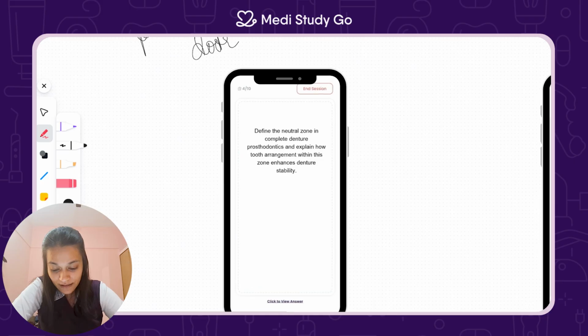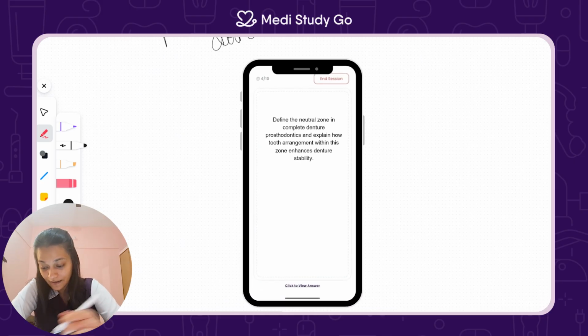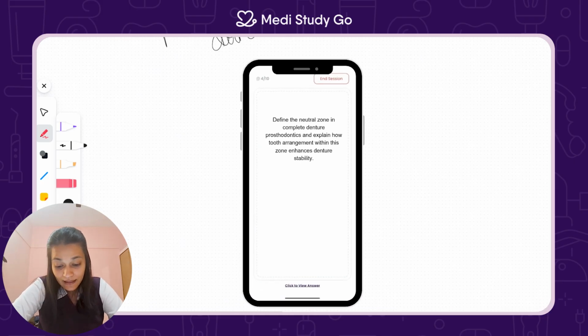Quickly going to the flashcard. It says, define neutral zone in complete denture prosthodontics and explain how tooth arrangement within this zone enhances denture stability. So first thing, what is the neutral zone? It is that area which has the same amount of force acting from the buccal or the labial side and counteracted by the lingual side.